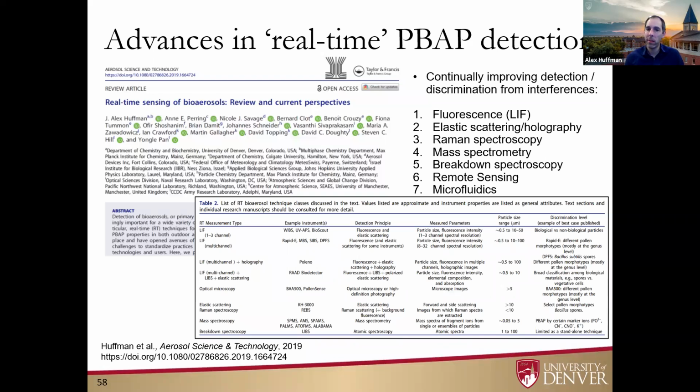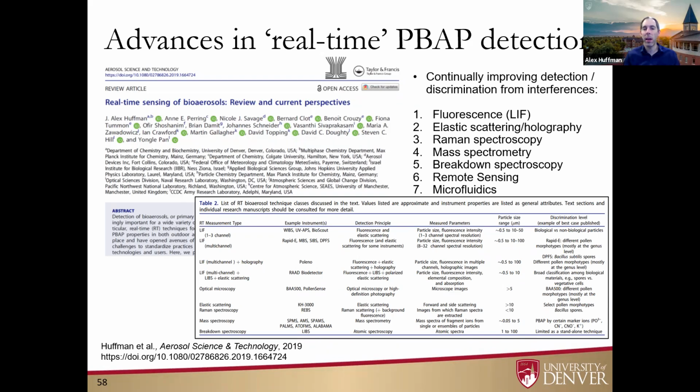Fluorescence is something I'll zoom in on in the next few slides, but some of those principles apply broadly to all real-time techniques, and really even outside of them. There are elastic scattering and other types of photography, Raman spectroscopy, and mass spectrometry, as Josh has already introduced a little bit, the use of single particle mass spectrometry to look at biological aerosols.